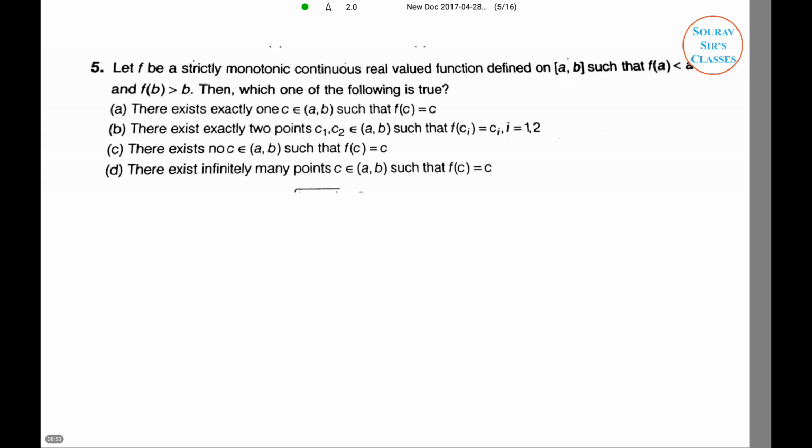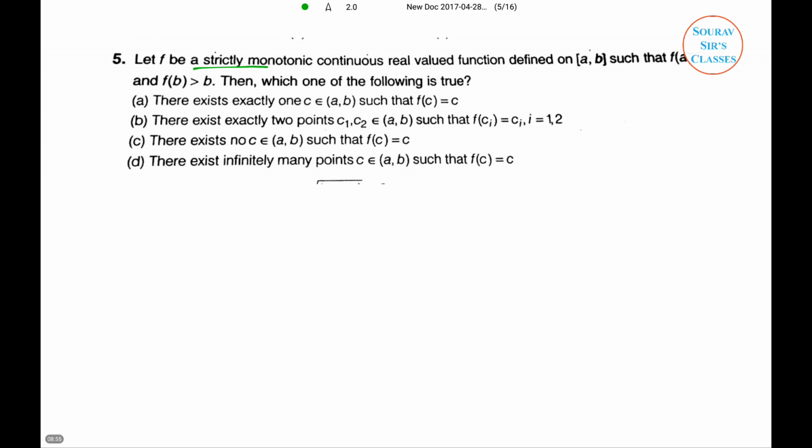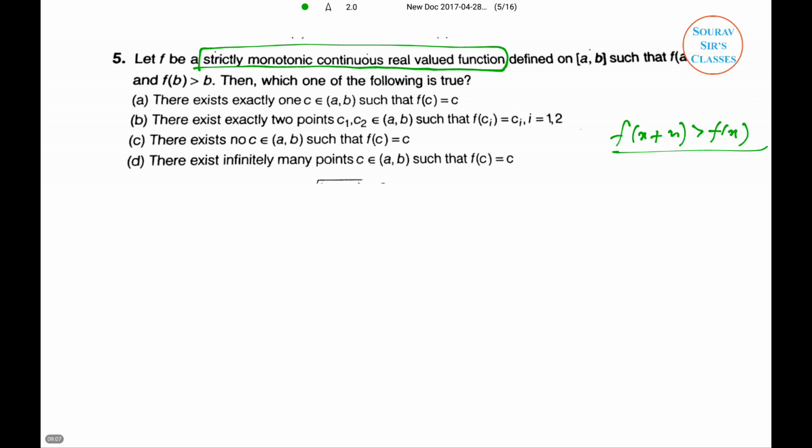This question is about a strictly monotonic continuous real valued function. This is the main thing. Monotonic function means f of x plus n greater than f of x, and this kind of pattern is always applicable.